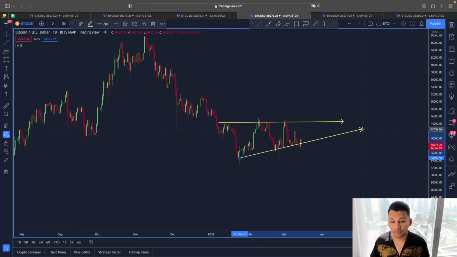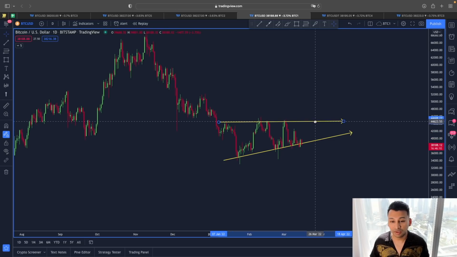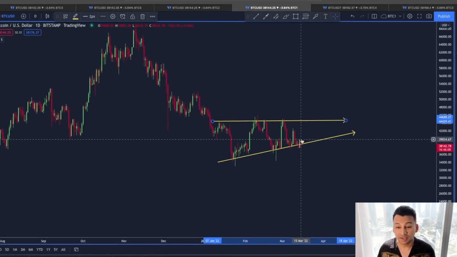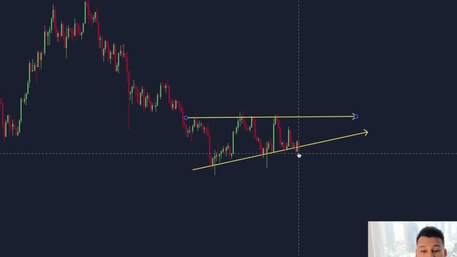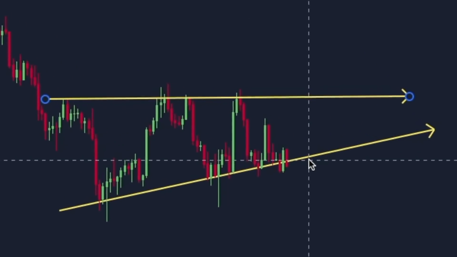Ascending triangle formation. Yesterday, the price of Bitcoin broke below this ascending triangle. But now, if you look at this carefully, the price re-entered and again is failing to stay above this 38,800, 38,700 price range.